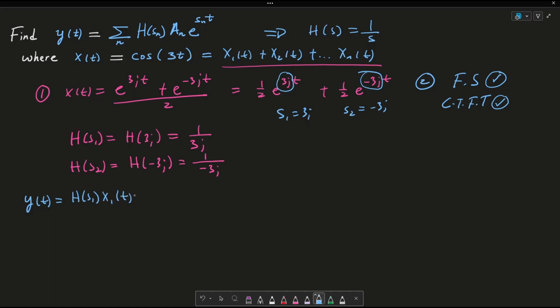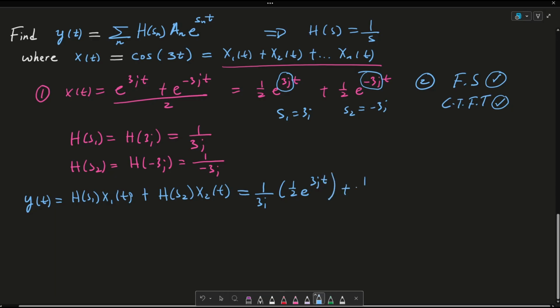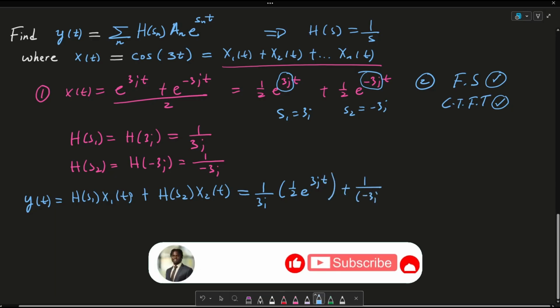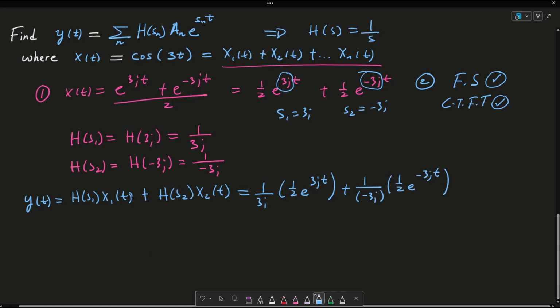So finally, we can say that y of t, which is equated to H of S1 x1 of t plus H of S2 x2 of t, is equated to 1 over 3j times 1/2 e to the 3jt plus 1 over minus 3j times 1/2 e to the minus 3jt.